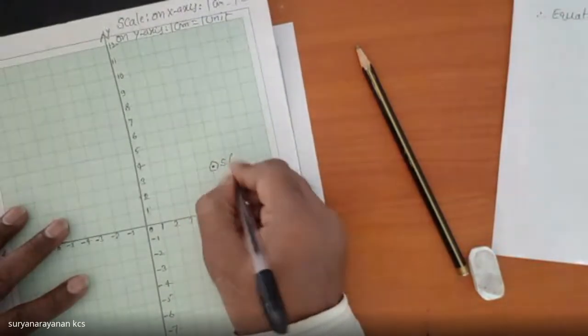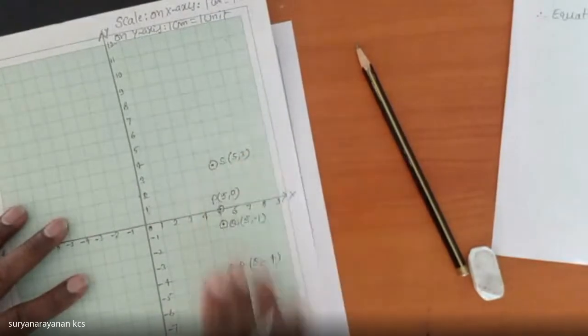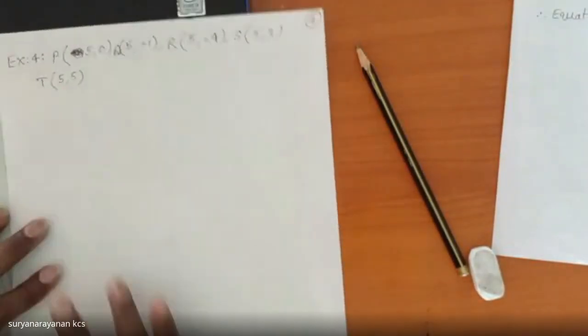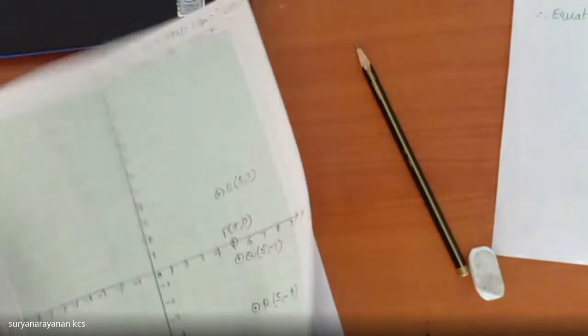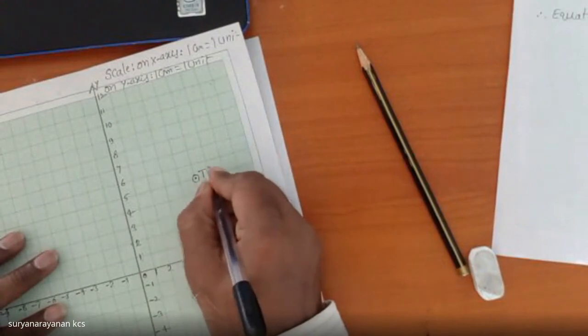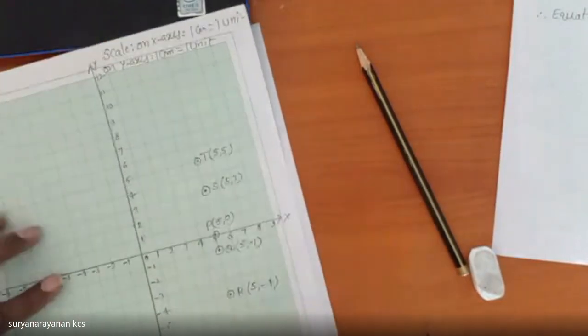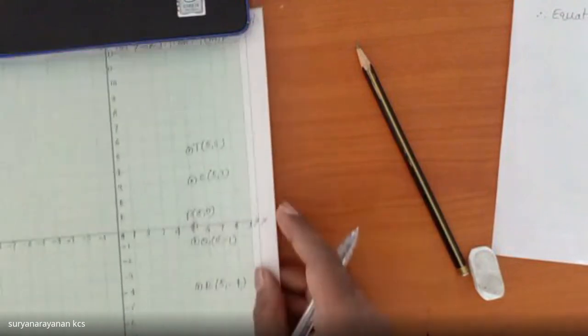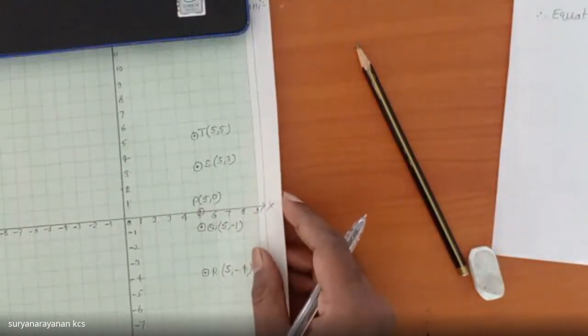This is point S. And after that, point T, (5, 5). So here (5, 5). We have plotted all these 5 points on the graph sheet.